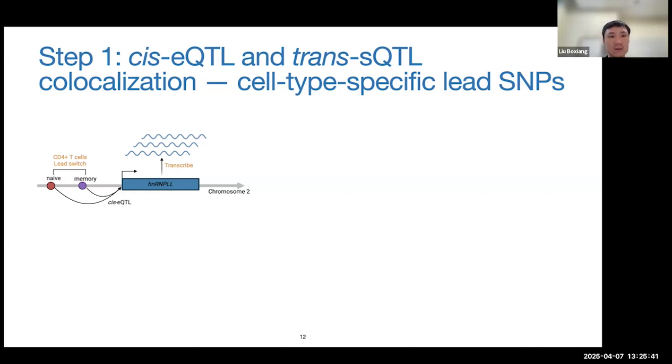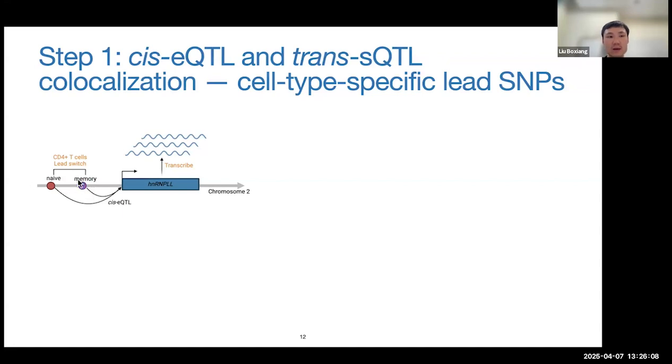So here, first of all, we identified two regulatory variants influencing the expression of this gene called HNRNPLL. So these two variants are acting through different cell types. So the first variant acts through naive CD4 cell type, and the second one acts through memory CD4 cell type.